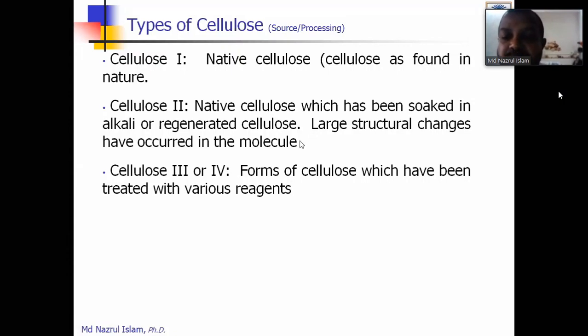So in nature, what we get is cellulose I. If it is put in alkali, it is cellulose type II, and if you modify it further, that is the modified cellulose, types III and IV.